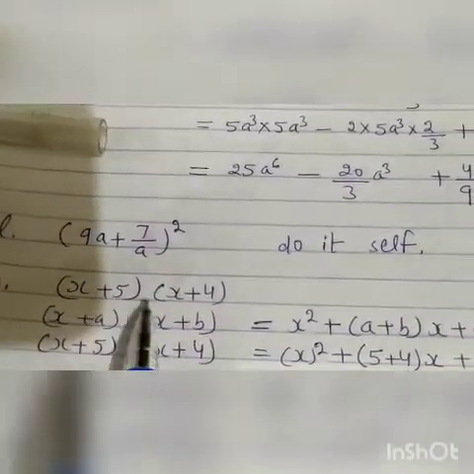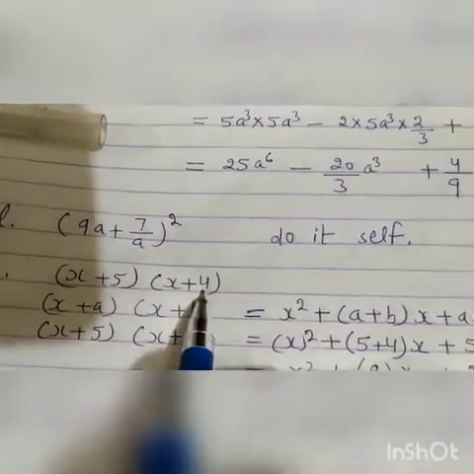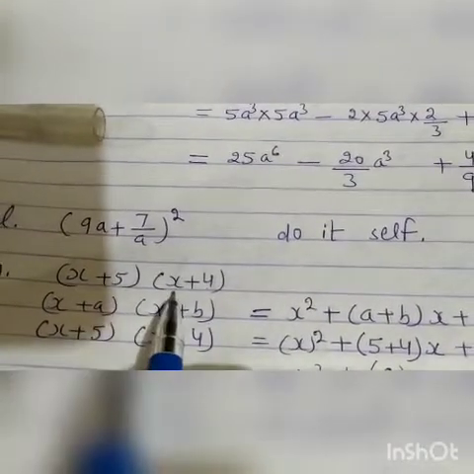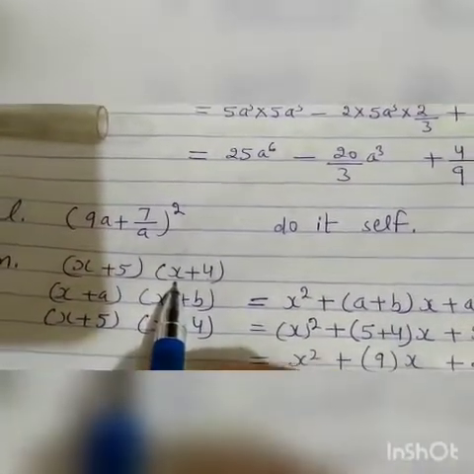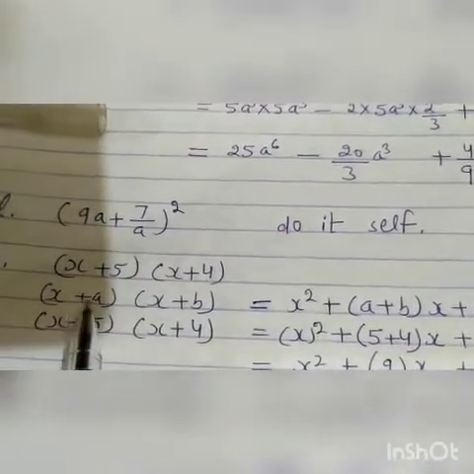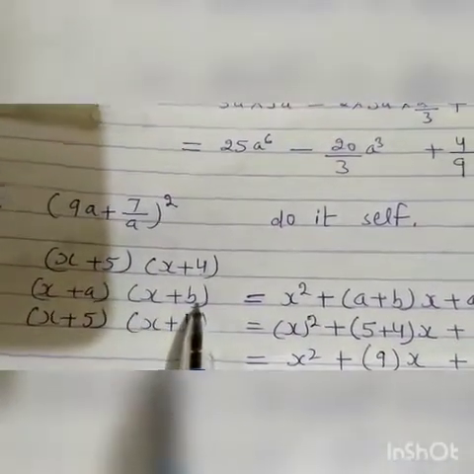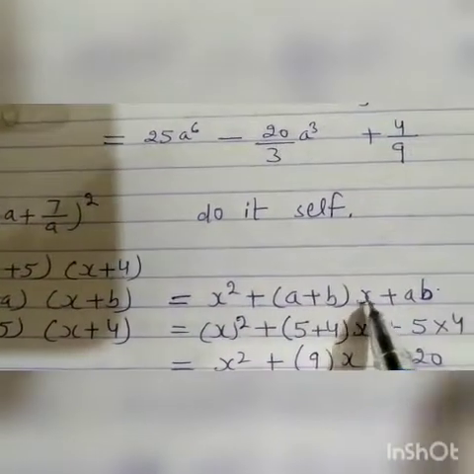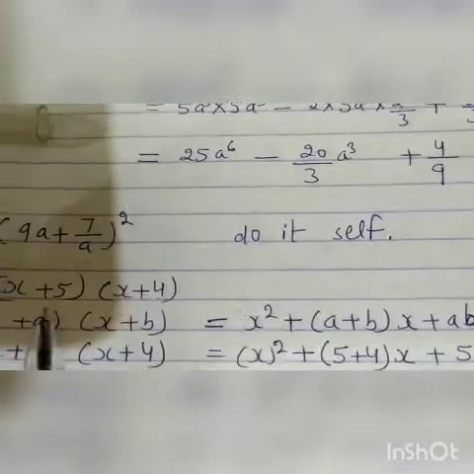Next part, M. (x plus 5)(x plus 4). Now we have to multiply these two brackets. It is based on the fourth identity. What is the fourth identity? Fourth identity is (x plus a) multiplied by (x plus b) is equal to x square plus (a plus b) multiplied by x plus ab.